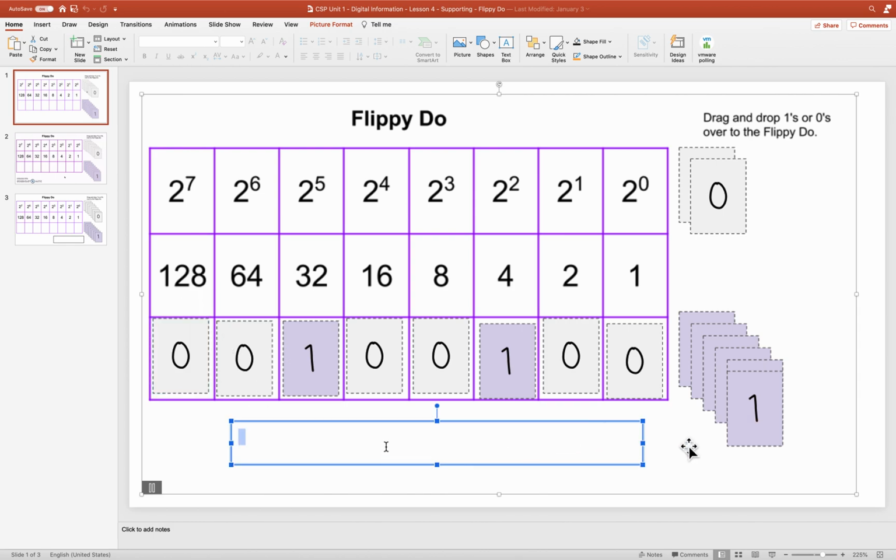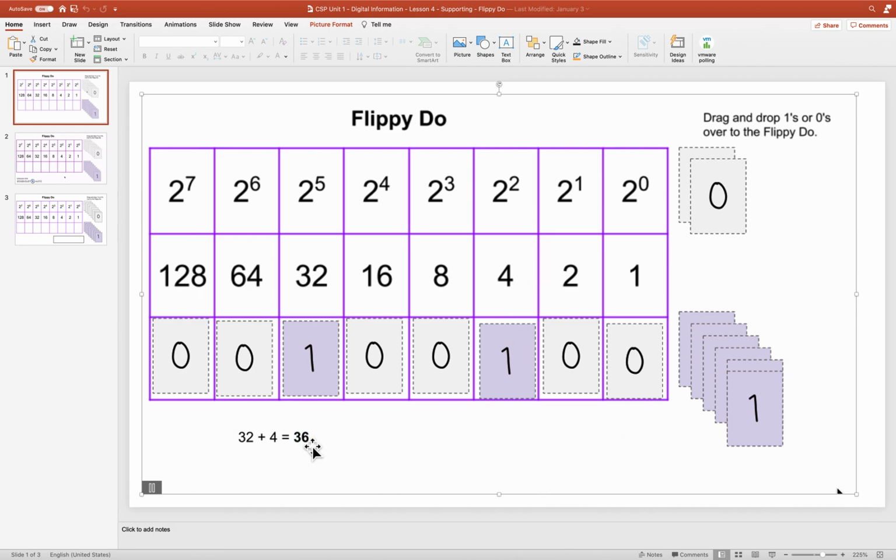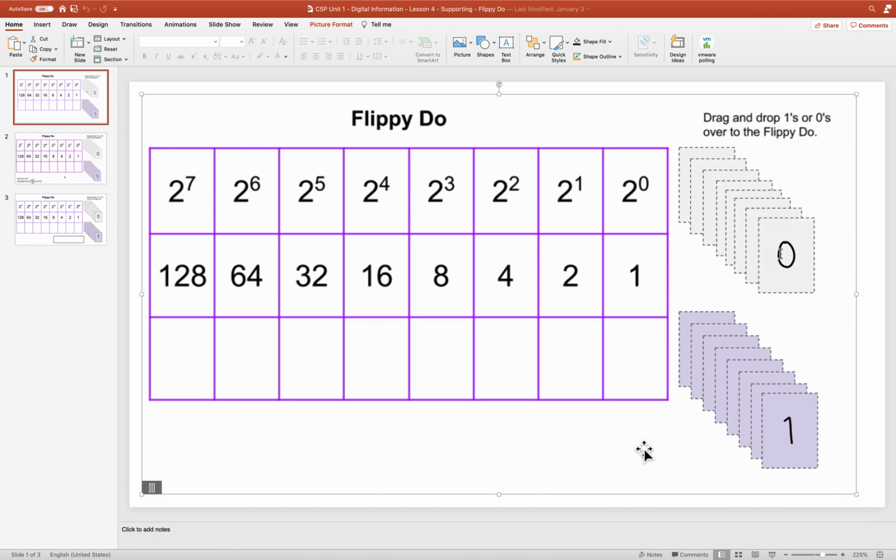So when we calculate this up, we're doing basically simple arithmetic here. 32 plus 4 is 36. So once it rebuilds again, we have the binary representation of the value 36.